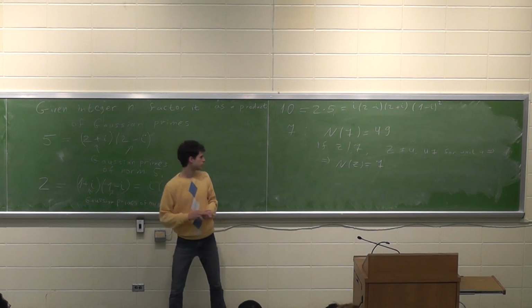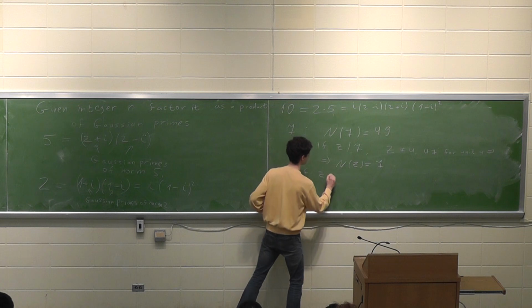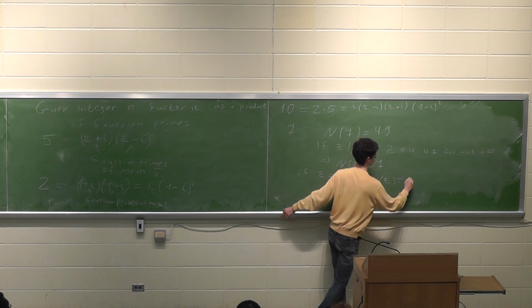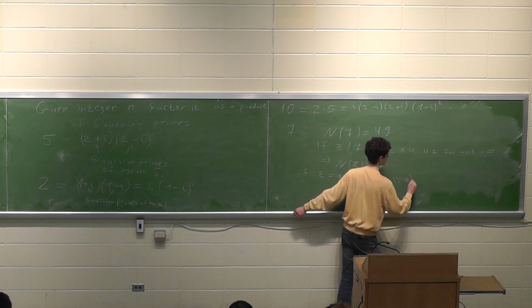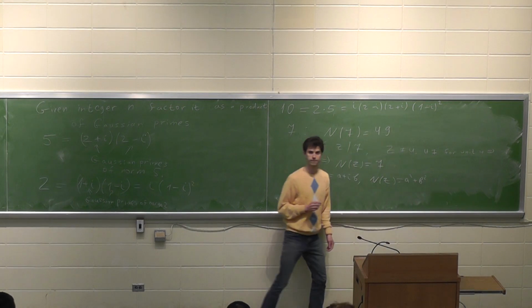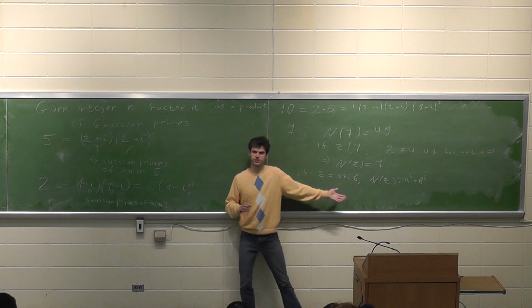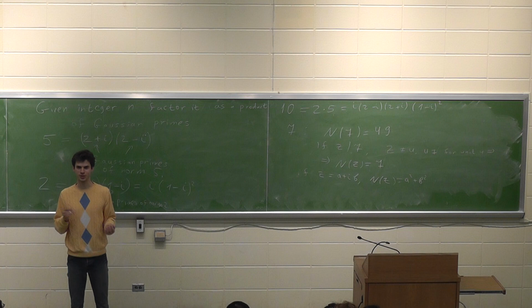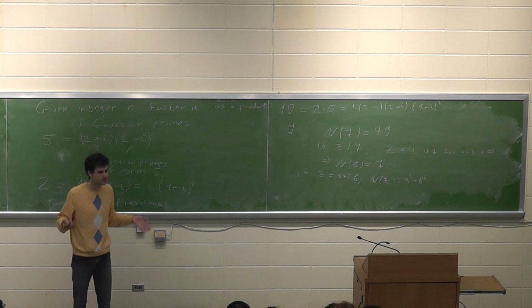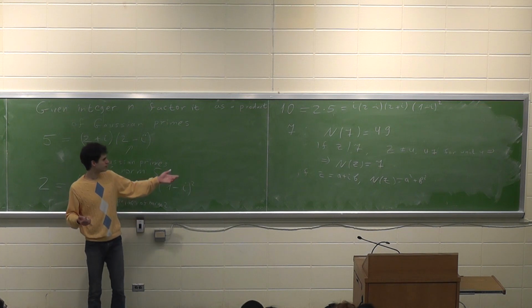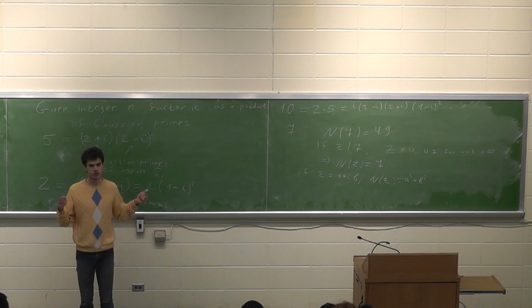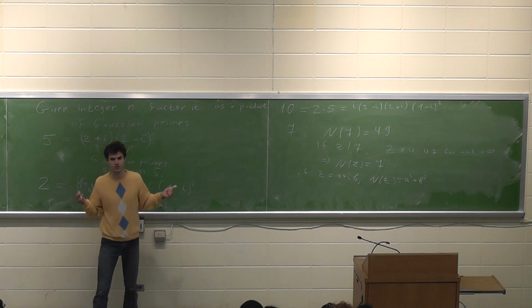But what is the norm of z? If z is a plus ib, then the norm of z is a squared plus b squared. Would it possibly be 7? Well, we can just check. That's very easy. 0 squared plus 7, well, 7 is not a square. 1 squared plus 6, 6 is not a square. 2 squared plus 3, once again, 3 is not a square, and 4 squared is too large.